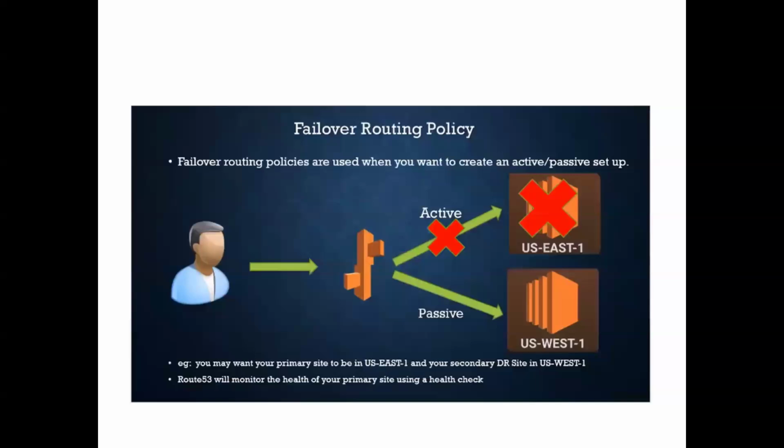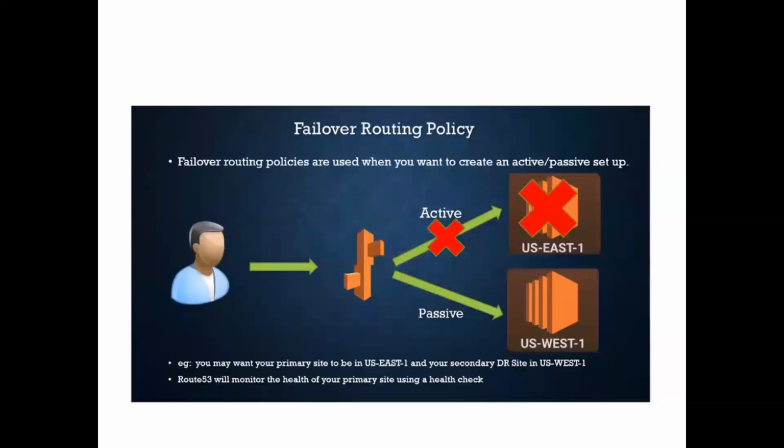Passive means US West 1 is there, the infrastructure, the application, the entire replica of the setup we have in US East 1 is there, but it is passive. US West 1 will become active if something happens to US East 1.